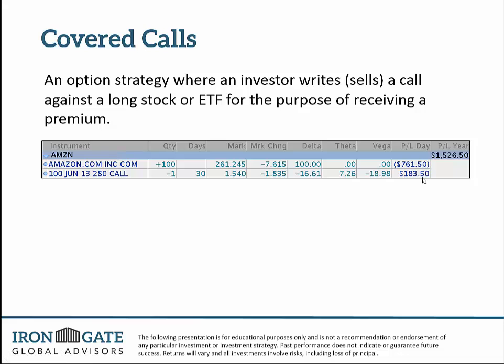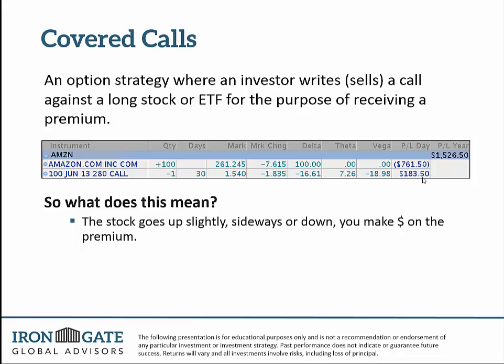So big deal? Well, here's the big deal. Instead of on a day when Amazon lost you $761, you made $183 on the call, so your net loss on the trade, and I'll highlight that here in a moment, is mitigated.